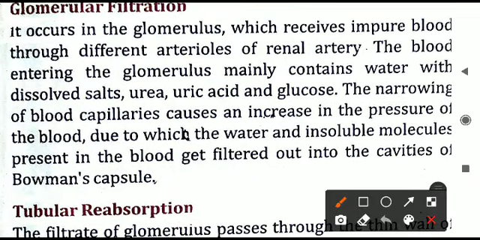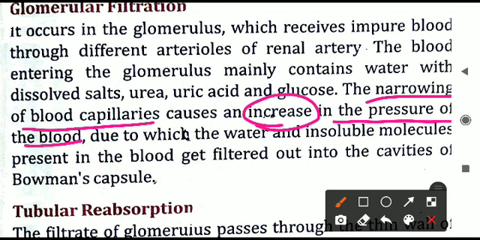How is this filtration going on? Just now we read that there is narrowing of the blood capillaries. The blood capillaries become narrow, meaning the space provided for the flow of the blood decreases. As a result of this narrowing, there will be an increase in the blood pressure. The pressure of the flow of this blood will increase.